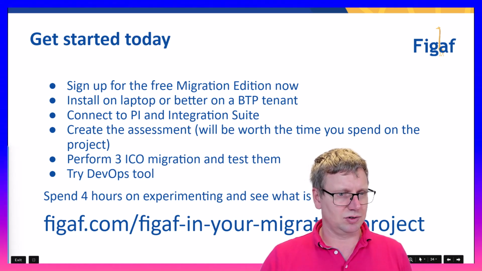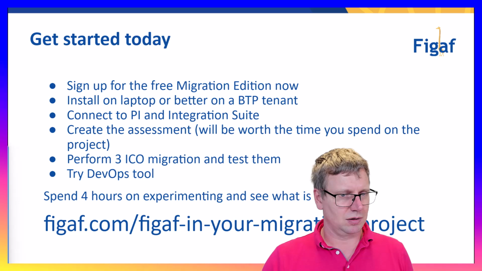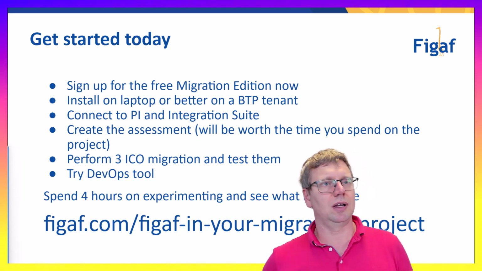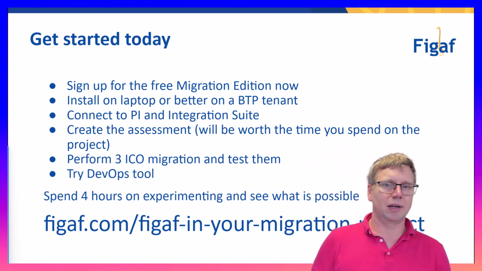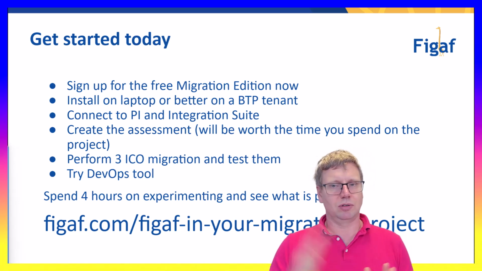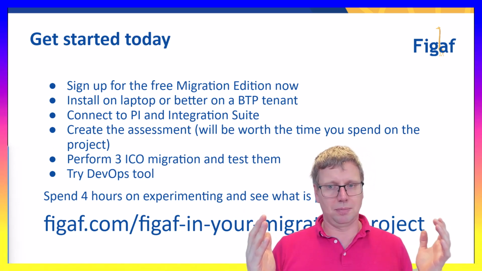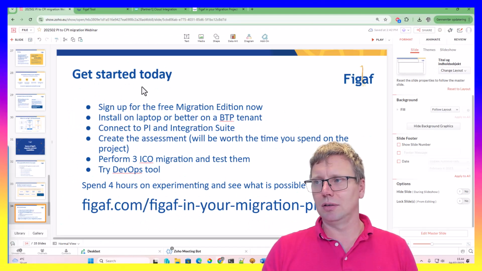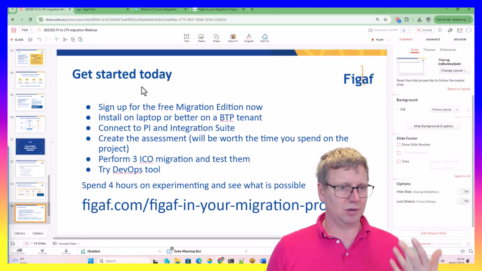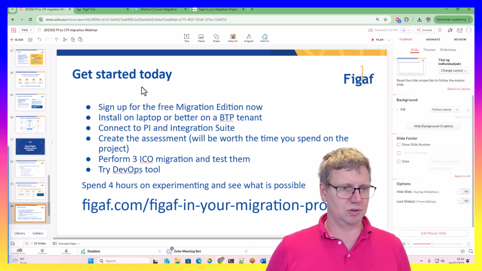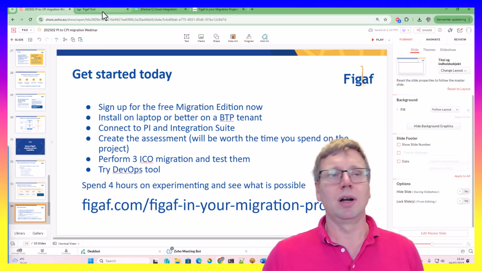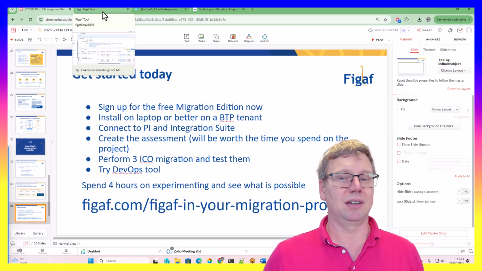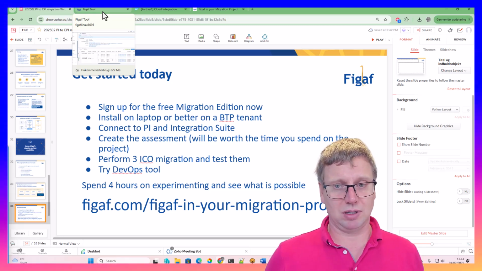Yes, the cost. So the cost is 100 euros per iFlow that you migrate. So it's a one-off cost. Whenever you go and click migrate, you can do the check where you can see what's going on, what's the effort, and what the different problems are that it can see with it. Can we migrate it?